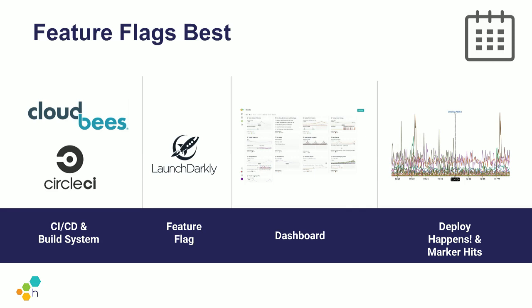It's a great way to do things like testing in production. It's a great way to have a beta program. It's a great way, and we use this at Honeycomb, to help customers that we're building things for prior to release. We can turn on a feature flag, and I'll show you what that looks like really soon.